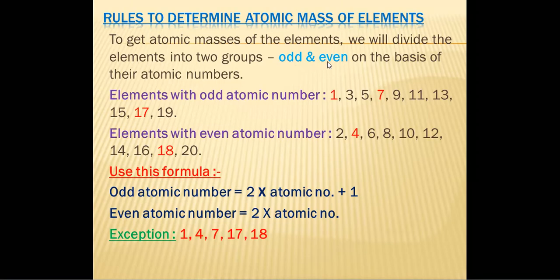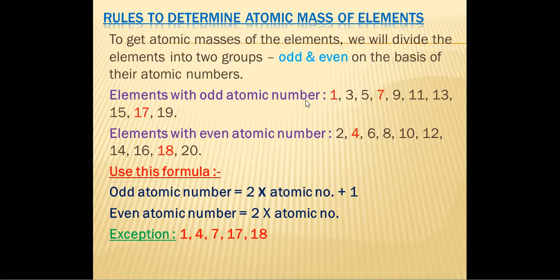Even numbers are those which are divisible by 2, for example 2, 4, 6, 8, 10. So we'll divide all the atomic numbers from 1 to 20 into two groups, odd and even. Half of them are in the odd category and half are in the even category. Let's see which are odd and which are even.